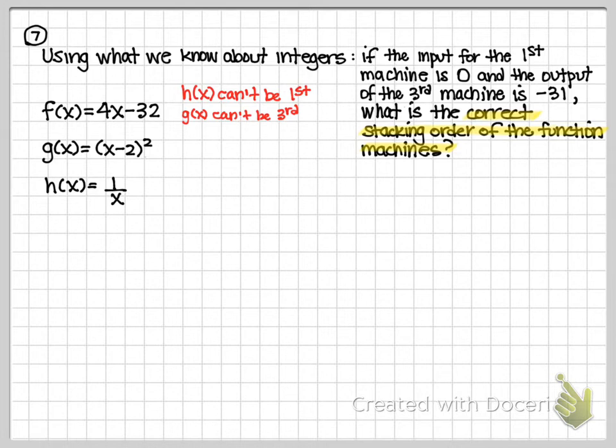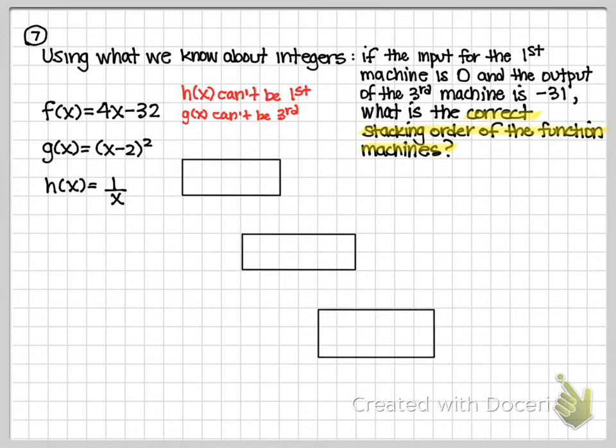So here's what I'm thinking. We're going to have our function machine, and then we're going to dump in the answer from the previous function machine. Then we're going to take that answer and dump it into the next one. So we're going to have a little trickle down effect happening. We have to figure out which one goes where. Remember, at the very top, we're going to dump in 0. That's going to go in for x.